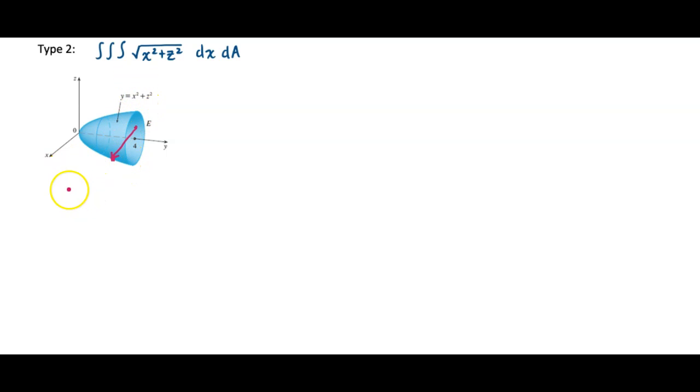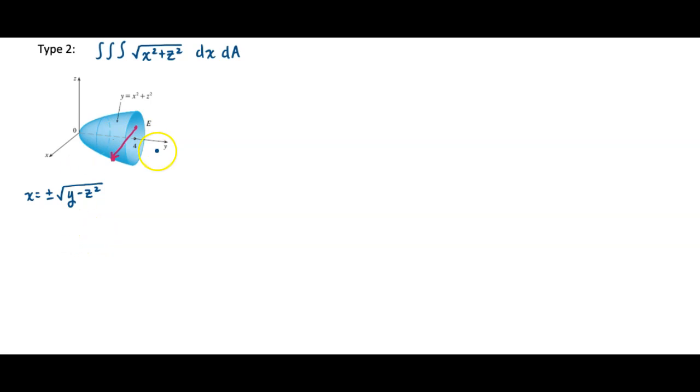Now if I rewrite this in the form of x equals something, I'd have to bring this z squared to the other side and take the square root of everything, so plus or minus square root of y minus z squared.